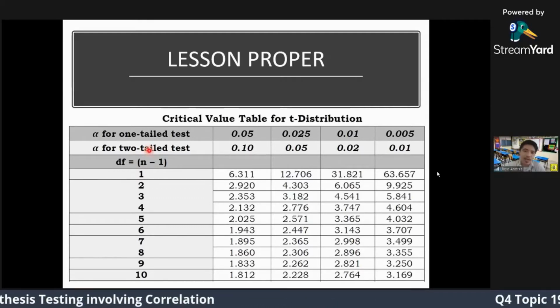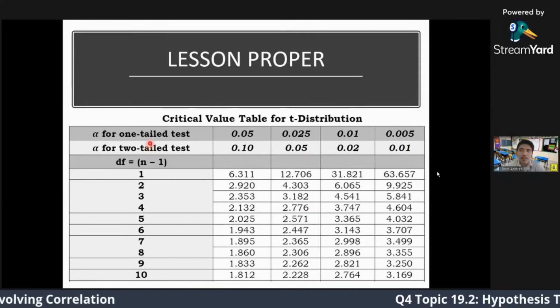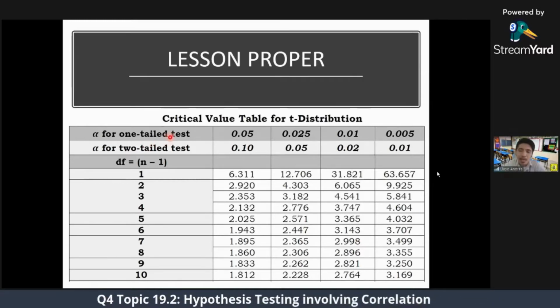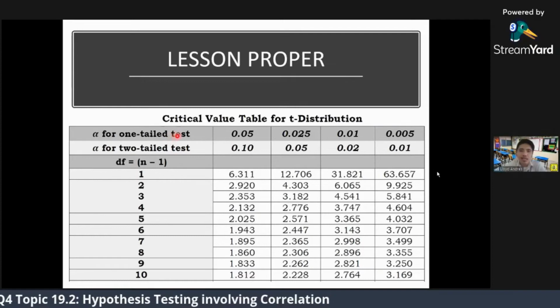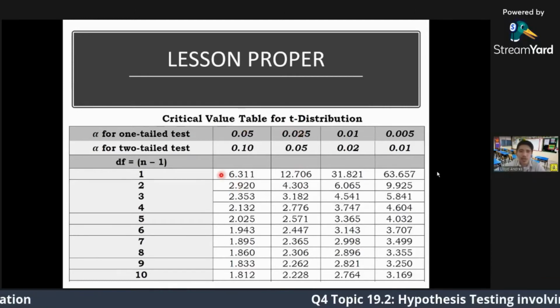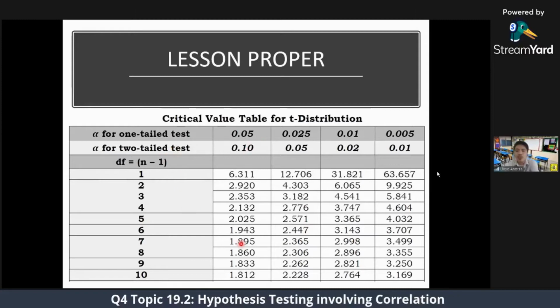For the population proportion, we use the Z table. But for the correlation coefficient, we use the T table. So recall the critical value for the T distribution: whether it is one-tailed or two-tailed, and the degrees of freedom. We will use those as well.